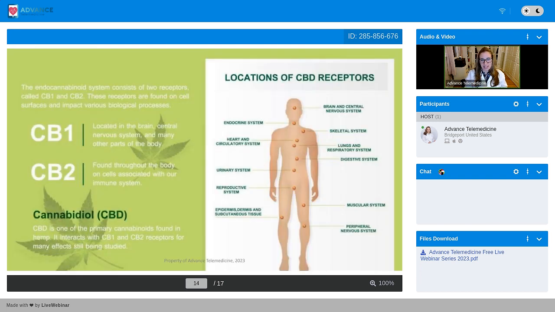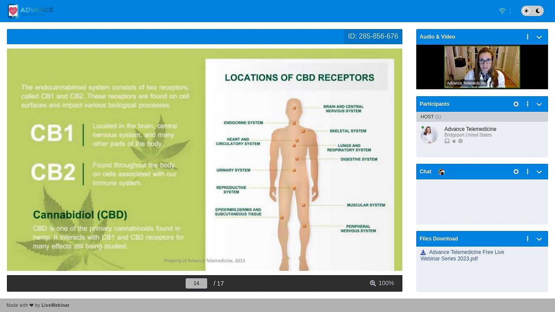I put this slide in just as another way of showing the locations in the body of the CBD receptors. As you can see, it's pretty much in every system of the body: the endocrine system, which is our pituitary glands, our ovaries, our testes, the heart and circulatory system, the urinary tract system, the reproductive system, like I mentioned, digestion.